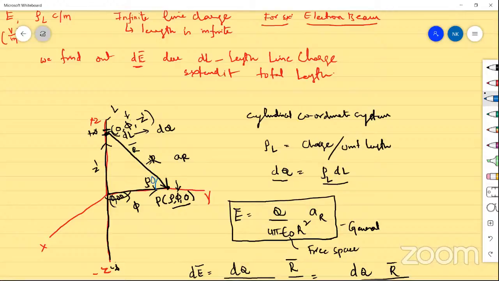This will be the theta. Suppose, what is the maximum value of theta? This point is at infinity.